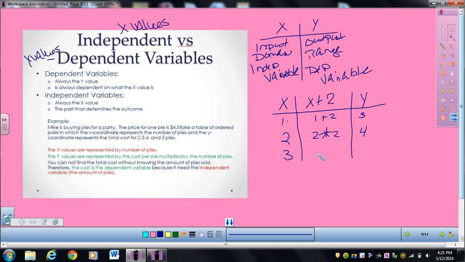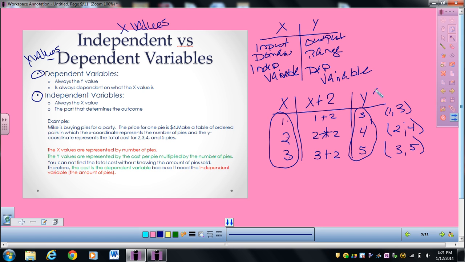And if we substituted this x in here, we would get a y value, and then your ordered pairs would be (1, 3), (2, 4), and (3, 5). Okay, this is the same thing right here. It's the same as this. This is just saying that the independent pieces are the x ones here, and that the dependent ones are the y ones. And in order to get the y's, you have to have the x's.